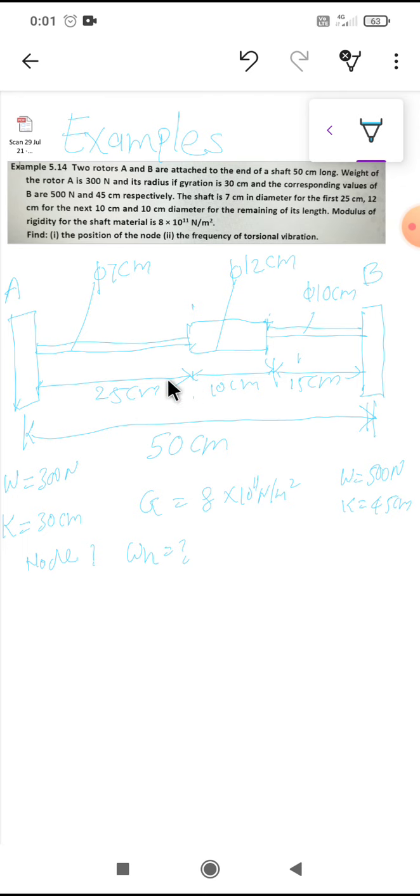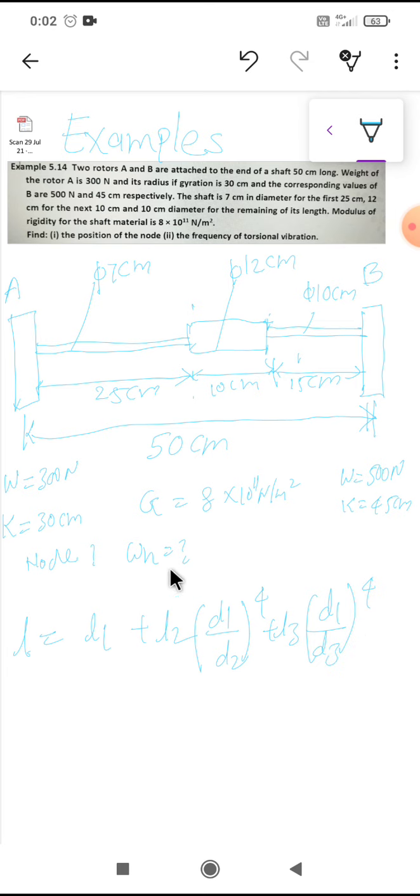The diameter we are fixing, and the formula for the length is L equal to L1 plus L2 into D1 upon D2 raised to 4 plus L3 into D1 upon D3 raised to 4.